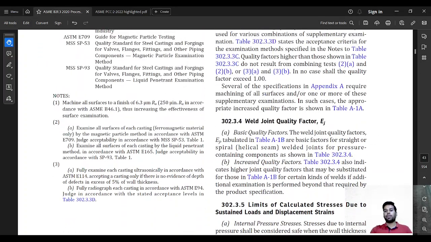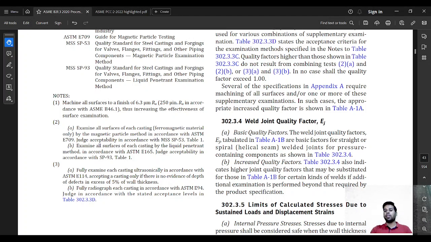Same thing we have is something known as welding quality factors. The basic quality factors, the weld joint quality factor Ej, are tabulated in Table A-1B and are basic factors for straight and spherical spiral helical seam welded joints for pressure containing components as shown in Table 302.3.4.